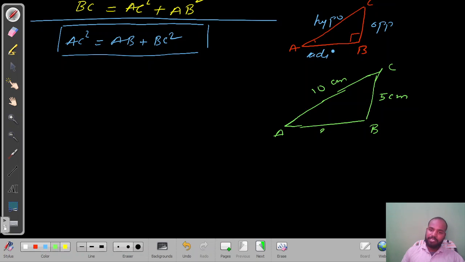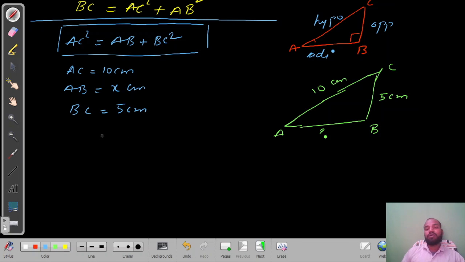Now AB is a question mark, and we need to find AB. So how do we find AB here? According to the Pythagoras theorem, AC square equals AB square plus BC square, right? The AC value is given as 10 centimeters, and the AB value is unknown, so we can call it x centimeters. Now BC equals 5 centimeters.